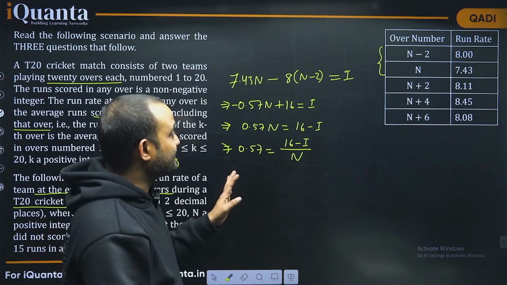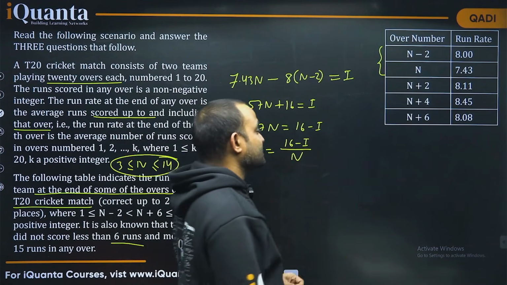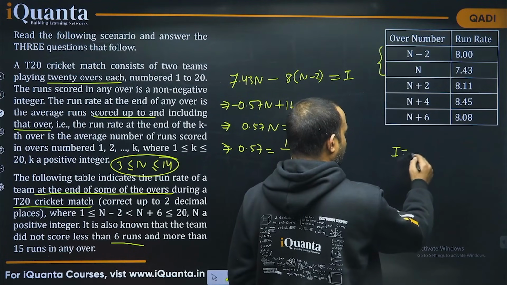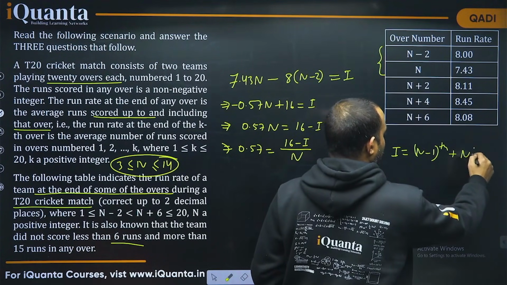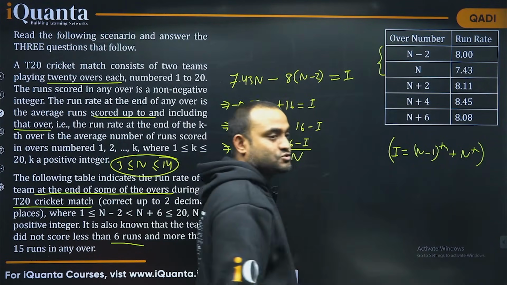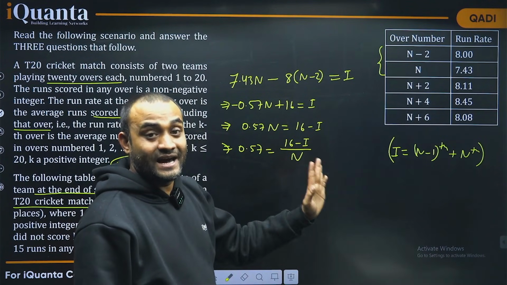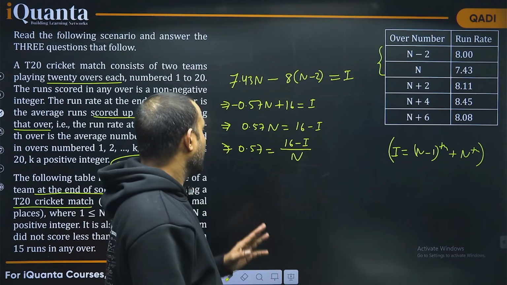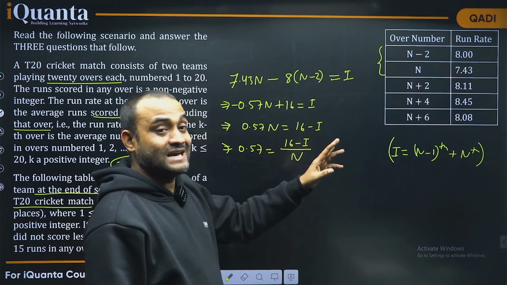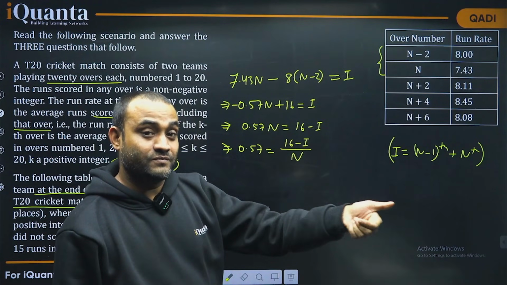I is an integer and I is the runs scored in the n minus 1th over plus nth over. This is the run scored in these 2 overs. This is I, and I can be minimum 12, right? And this should be positive. So we can say I can be 12, 13, 14, 15, 16, right?